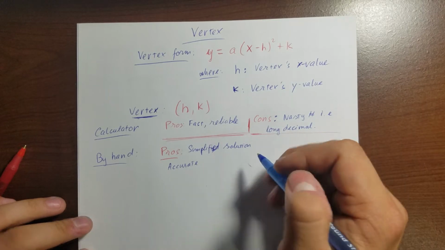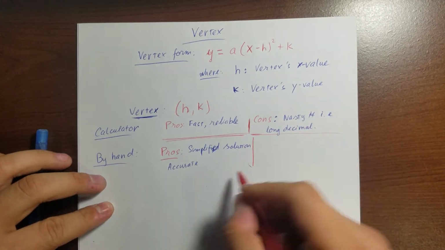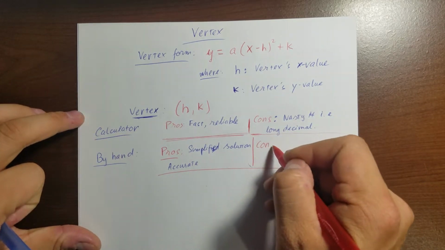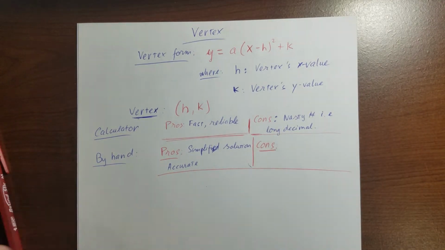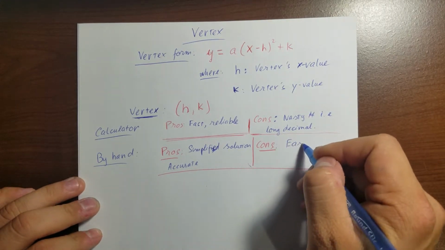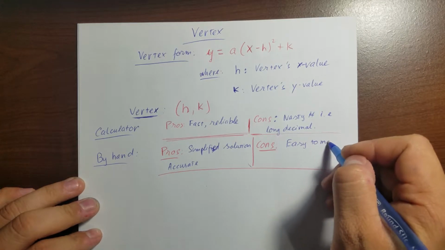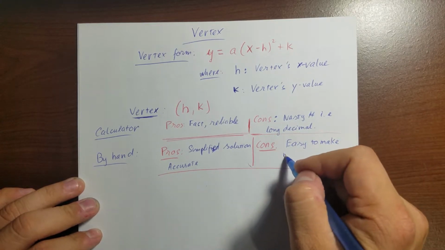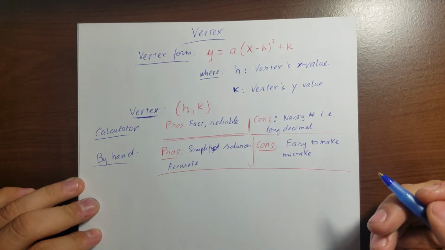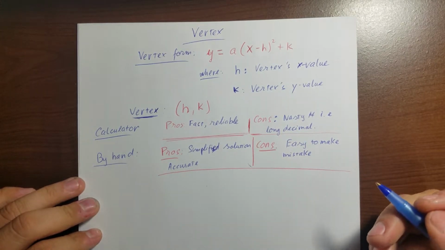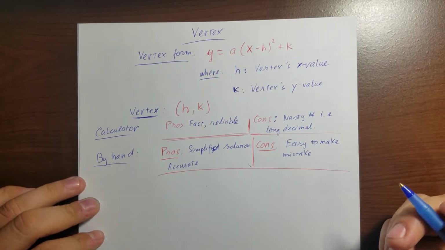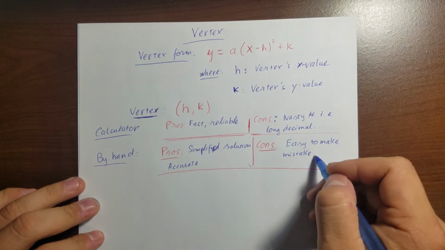So what are the cons? Well, the cons of this are very simple: it's easy to make a mistake. Perhaps extremely easy. I would say you have a 50-50 chance, and sometimes if you don't know what you're doing, you may have up to a 100% chance to make a mistake doing this.